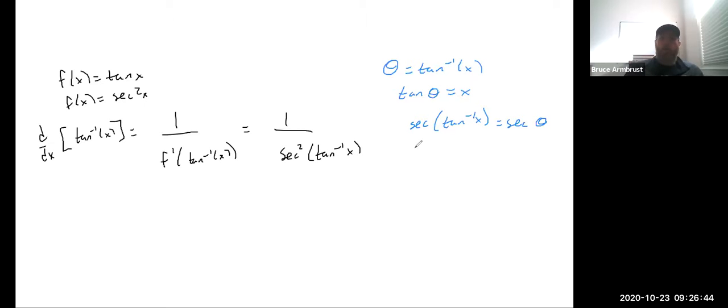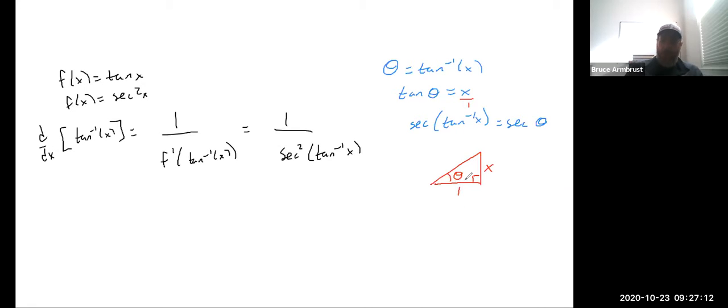So basically what we want to know is, given that tangent is equal to x, what is the secant equal? And that's what we did to get that formula for tangent: we drew a little right triangle, called that angle theta, and we know that the tangent is equal to x, or you can think of it as x over 1.